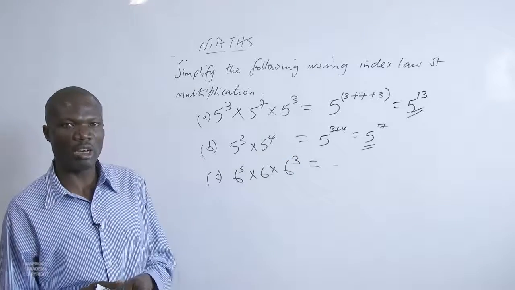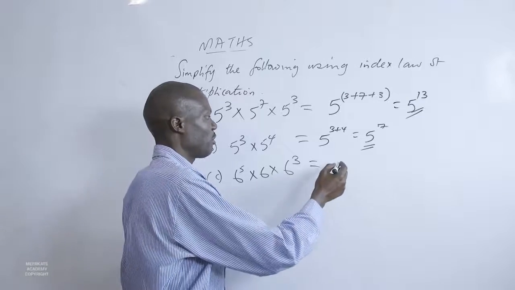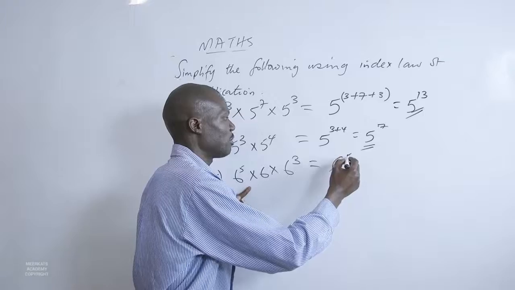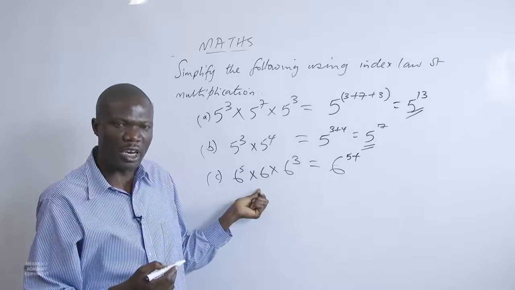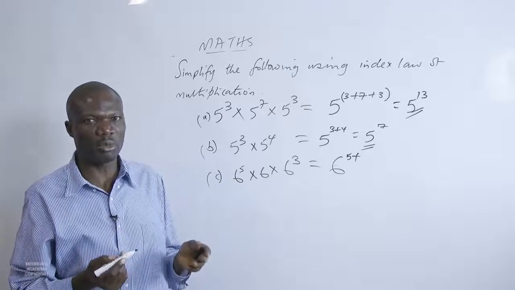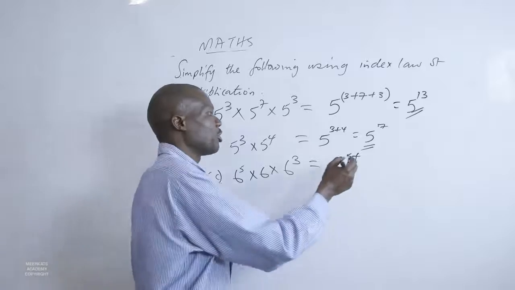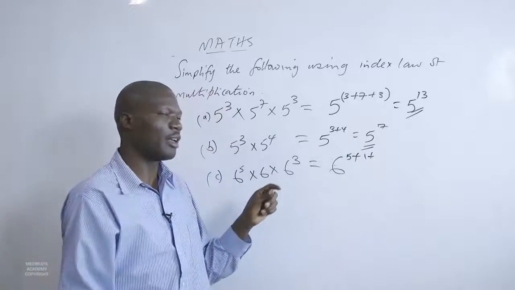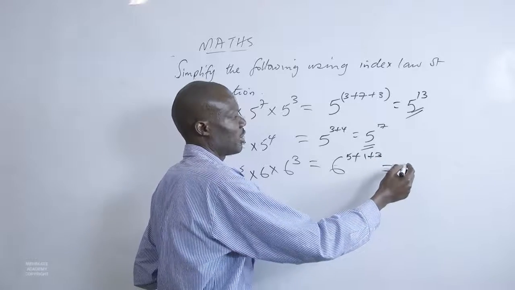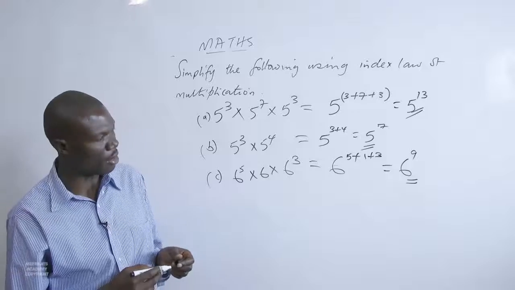The last one, we have 3 terms, and each one has the same base, 6. Then the powers we add. When we only have a 6, it means 6 multiplied by only itself, only 1, so it's the same as power 1. So we have 1 here, and then add 5, then 3 here. This gives us 6 to the power of 9.